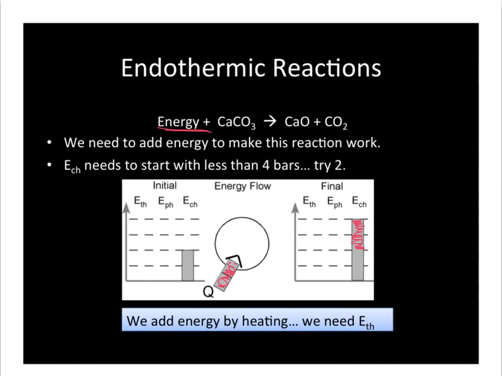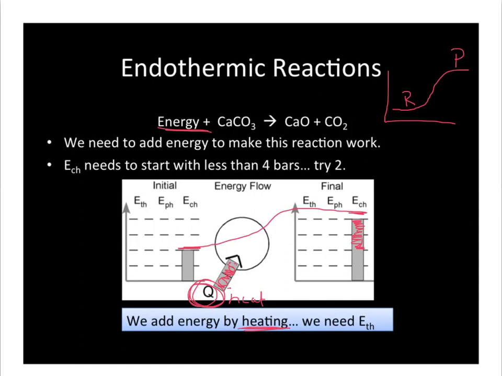So if we drew our energy graph, we would have something that looks like this with our reactants here and our products up here, which is what we have here. We have this low part and then this high part over here. But since we don't have an energy source here of chemical energy, we only have it as heat.